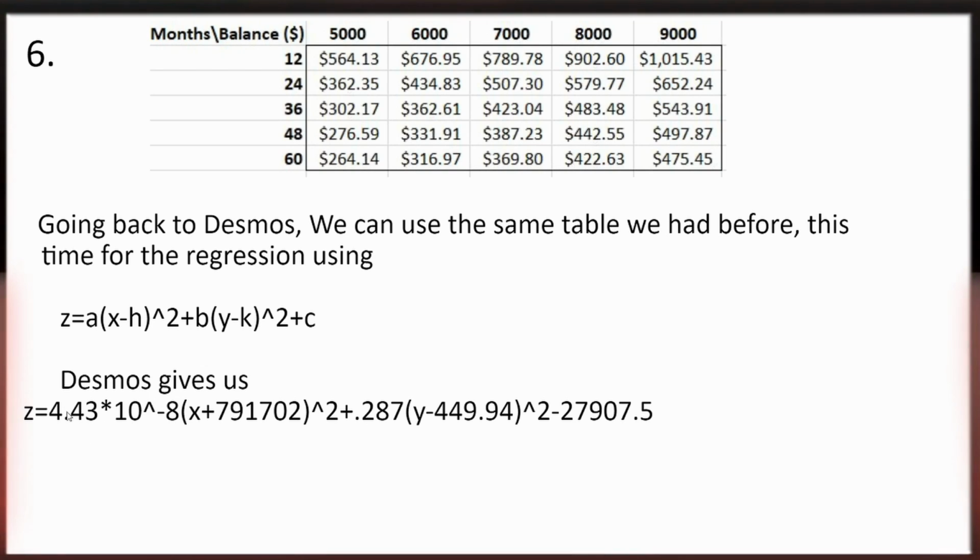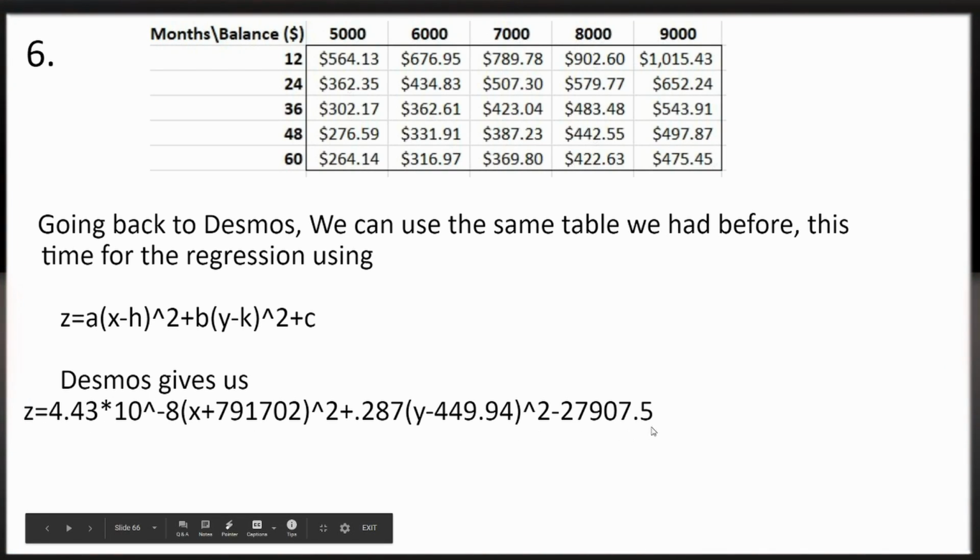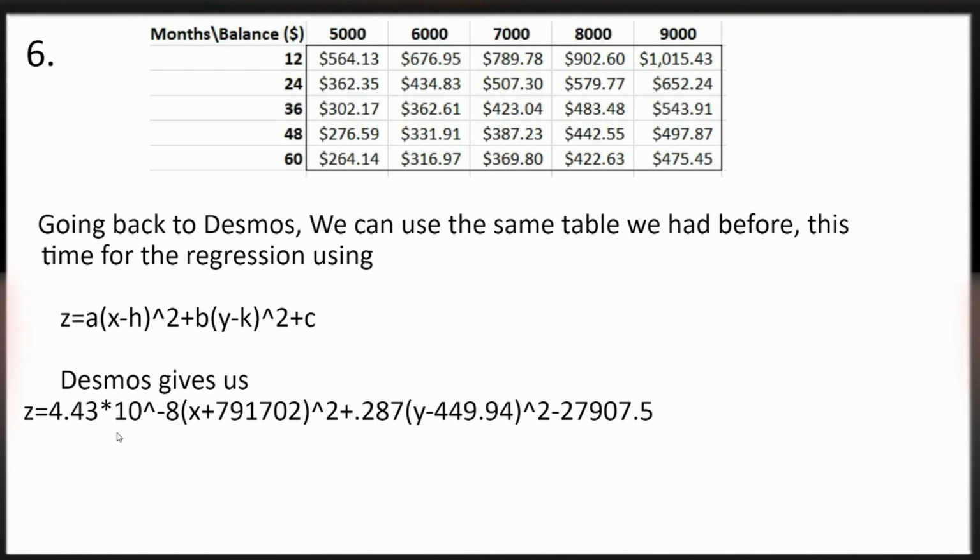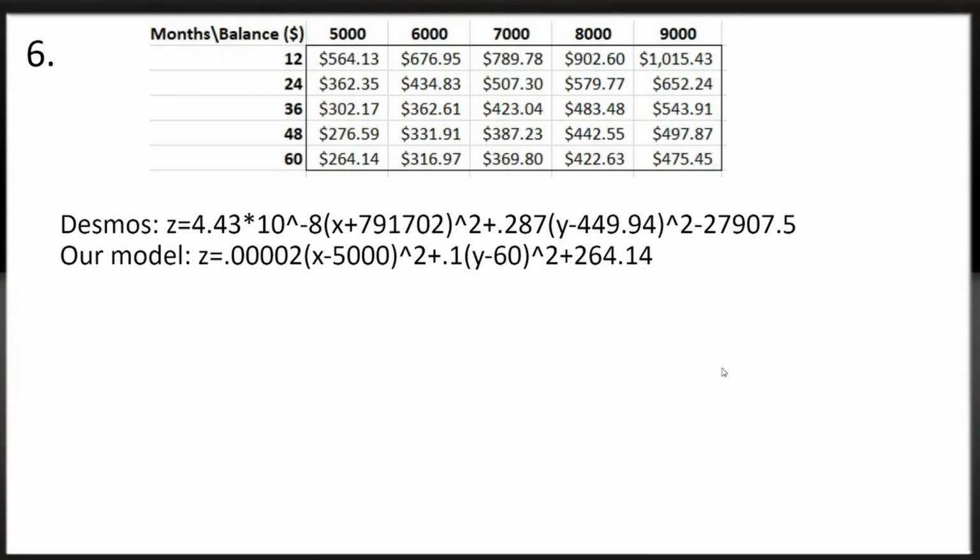When we plug it back into the formula, this is what it looks like. Again, that a value, very small. B value, not as small. The h value, it's a negative, so it's turned into a positive, x plus, because we have that x minus h. So this was a negative from Desmos, and then in here this was a positive, and then this c value is a big negative, so this was a negative value as well.